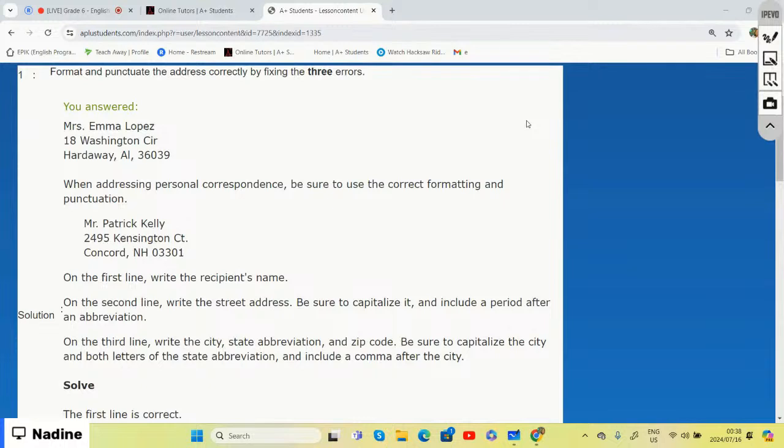The recipient is the person who's going to be receiving the goods, whether it's a package or something. And in our second line, we need to write the house number down, the house number, the street name and address.